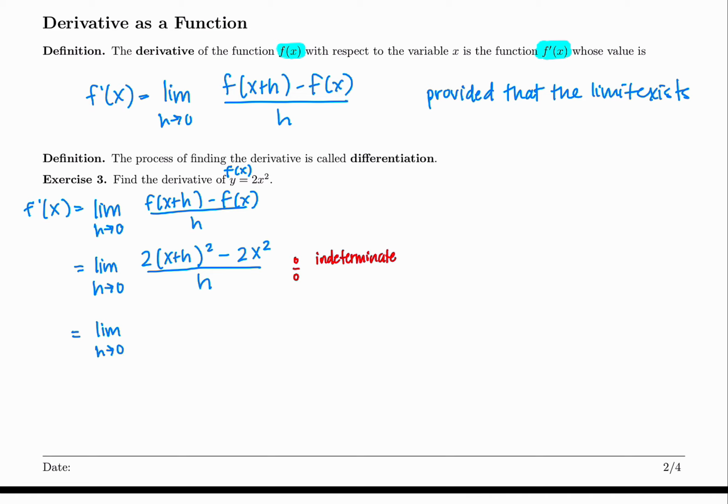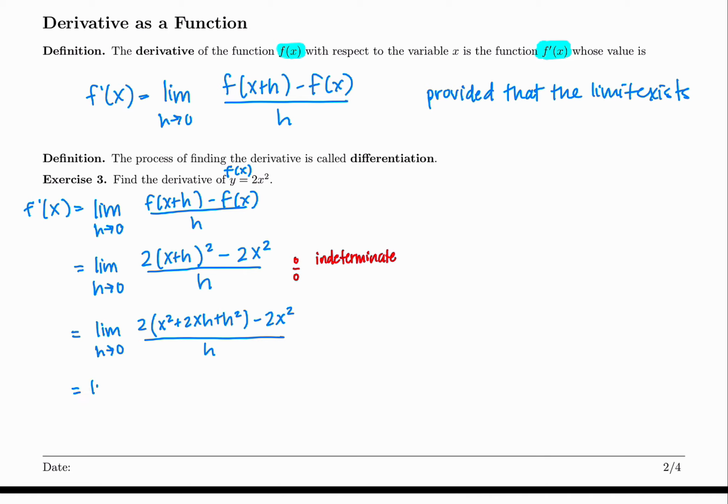So the limit as h approaches 0. This is 2 times, I'm going to FOIL that, x plus h squared. So that's x squared plus 2xh plus h squared. Pause the video and make sure you can multiply that out correctly, and then come back. And then 2x squared, nothing happens to that, so minus 2x squared all over h.